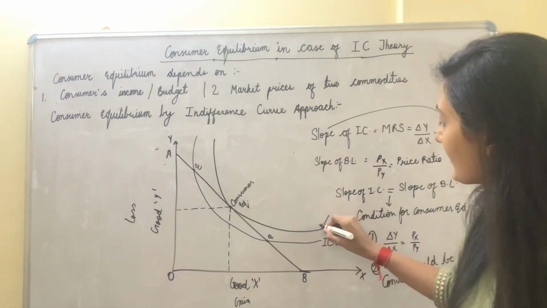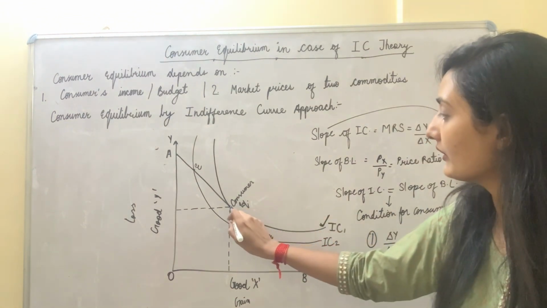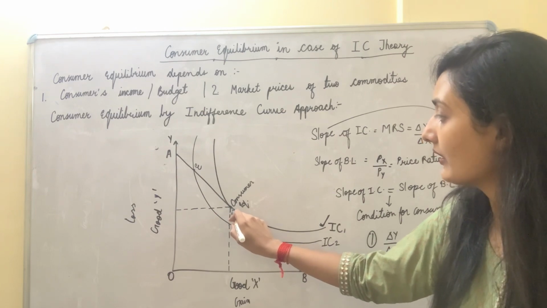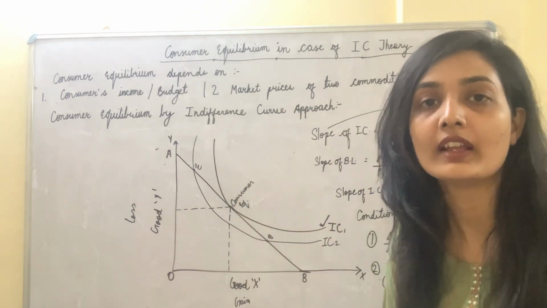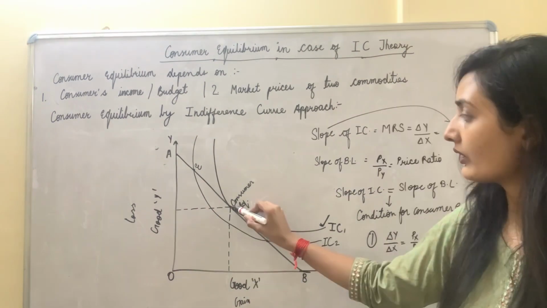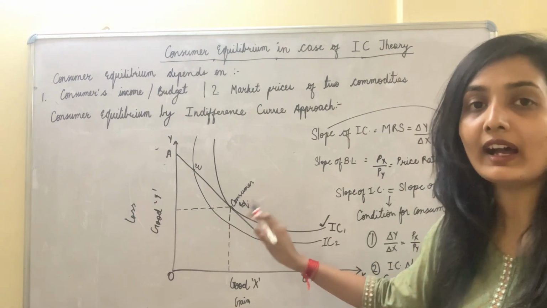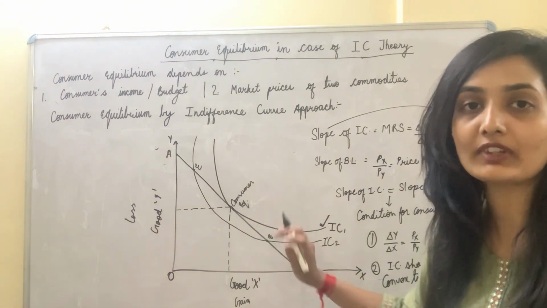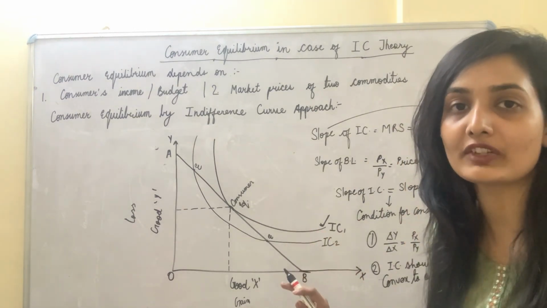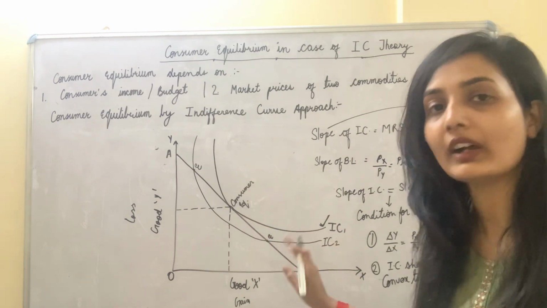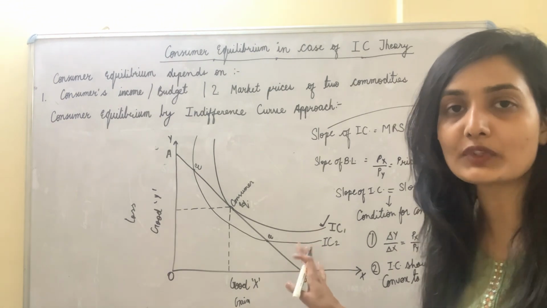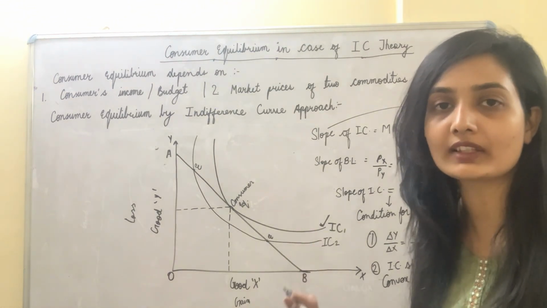That is the indifference curve where it is intersecting with budget line. As the property of indifference curve is that a higher indifference curve shows a higher level of satisfaction, IC1 is showing higher level of satisfaction with fuller utilization of our money. I hope you got the meaning of consumer equilibrium in case of indifference curve theory.